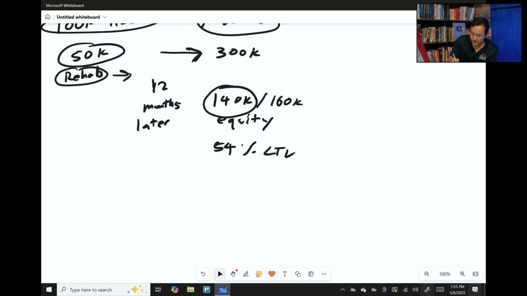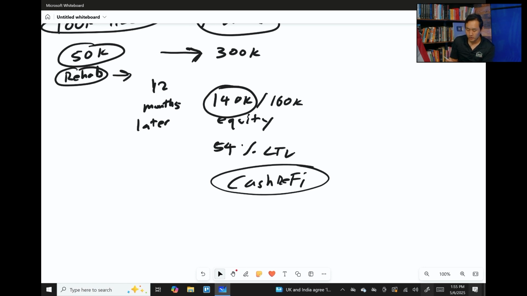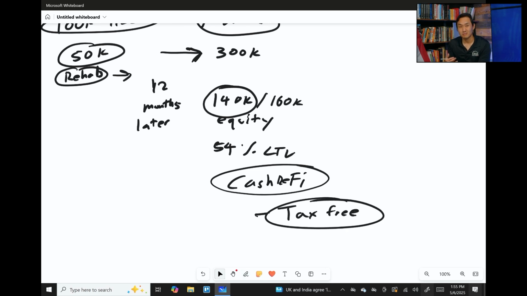And what's great about cash out refinances, so you do a refinance and you take some money out of that building, what's great about that is that all of that is tax-free because it's technically not income, it's actually a loan. So we don't have to pay any taxes on any of the cash that we take out in the equity. So let's say in the example that the bank wants 80% loan to value, right, at all times in the building.